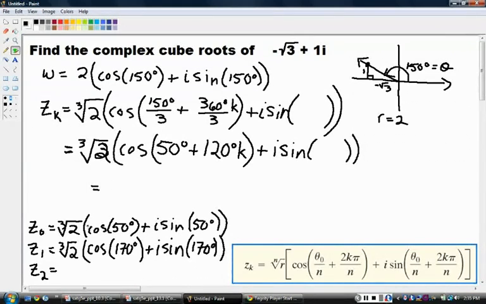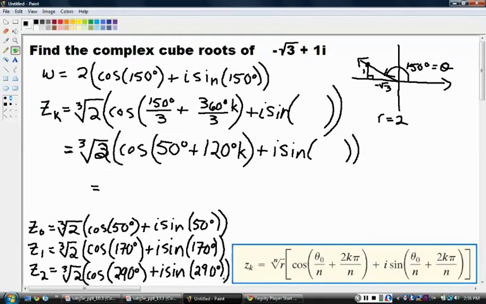And finally our third root that we called z sub 2, the cube root of 2 times the cosine of, add another 120 to that angle, and you're going to get 290. Okay, and there's my answers.